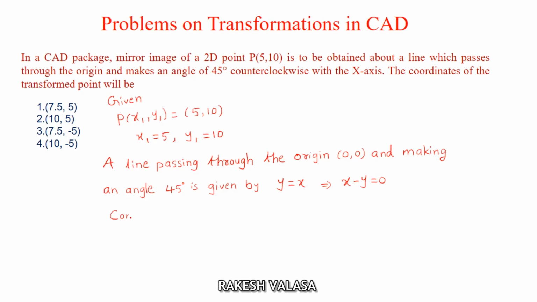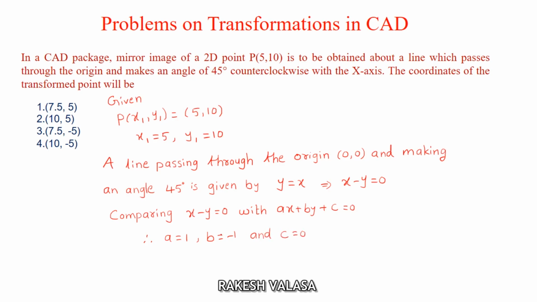Comparing x minus y equal to 0 with the line equation ax plus by plus c equal to 0, here a equal to 1, b equal to minus 1 and c equal to 0.